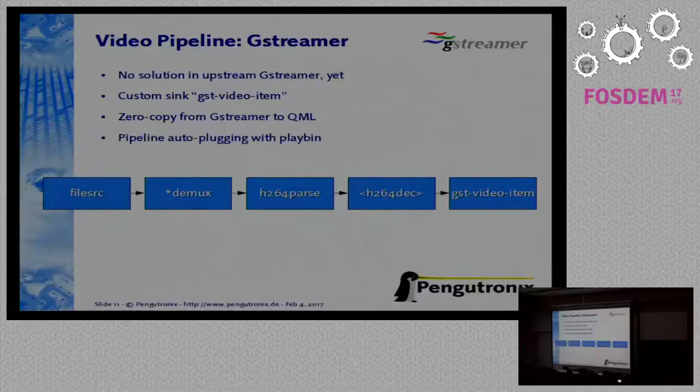For that, there is no solution in GStreamer upstream yet. We wrote this ourselves as the GST video item you see down here. It does a zero copy import from GStreamer to QML or EtnaViv using DMA handles in the kernel.